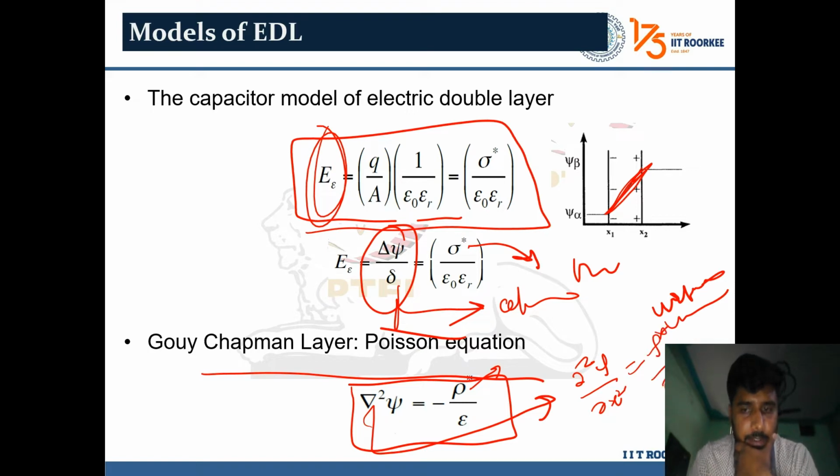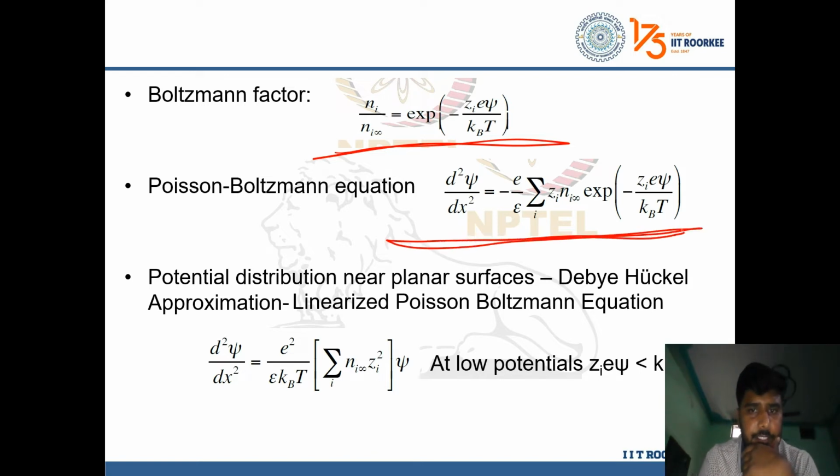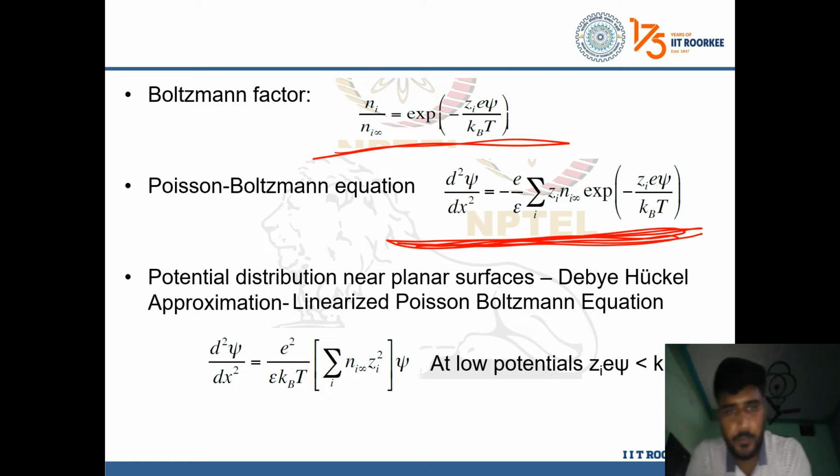For three dimensions you can write the y term and the z term. Another one is the Boltzmann factor, and similarly the Poisson-Boltzmann equation you will get in the theory section. You have already derived these expressions in detail.